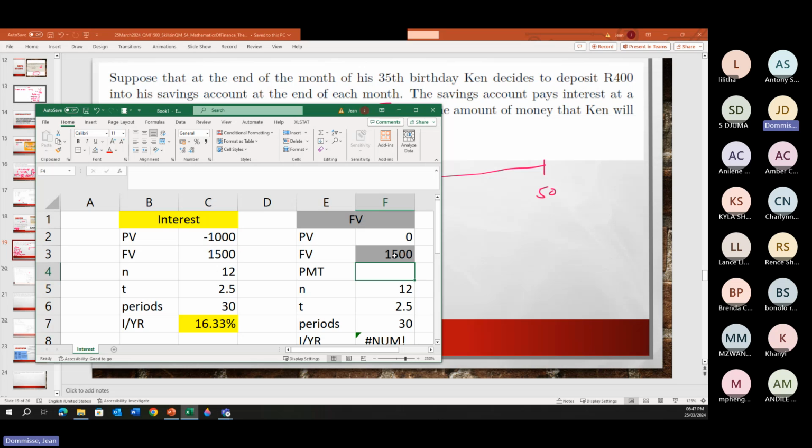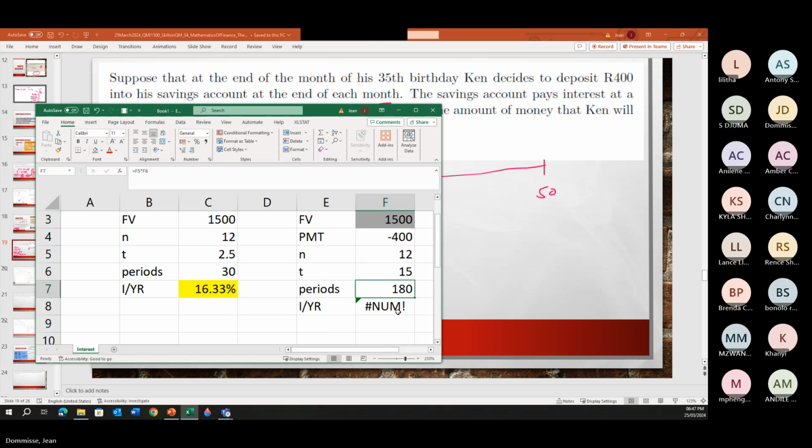Okay, so PMT, we know it was minus 400. The N, we know it was 12 times a year, for 15 years. The interest rate, what was it? 18%.